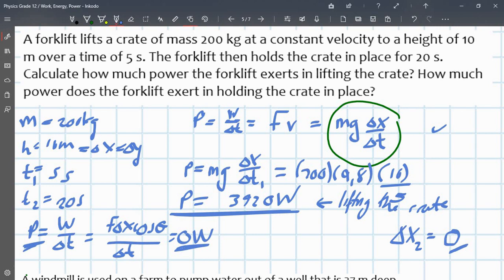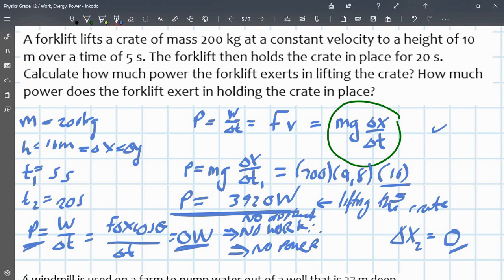Actually, we say no displacement, which implies no work, and therefore there's no power. So that's how you do this type of question. You just write down the different types of formulas, and then it's quite straightforward.